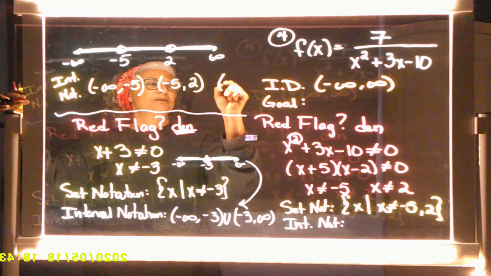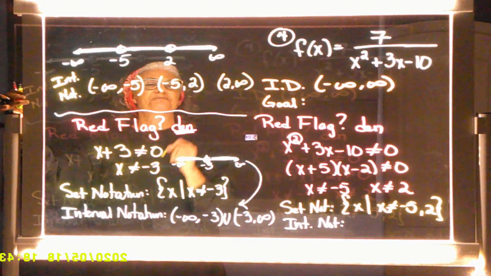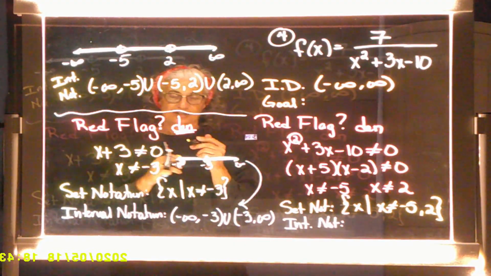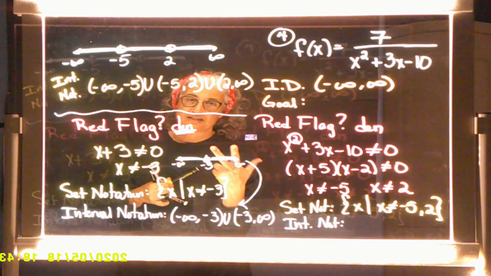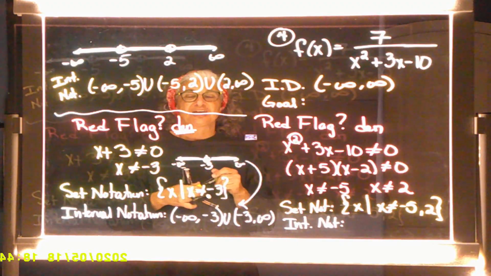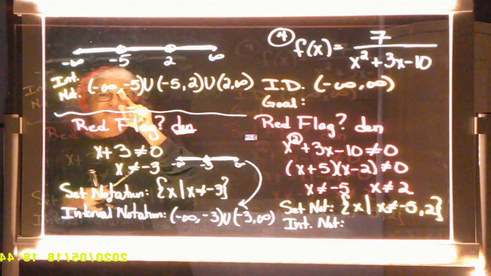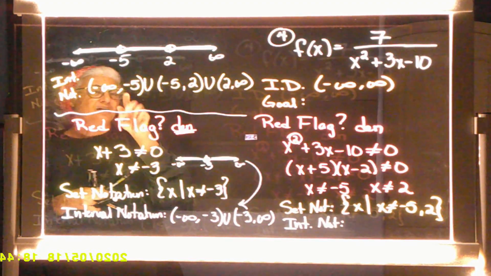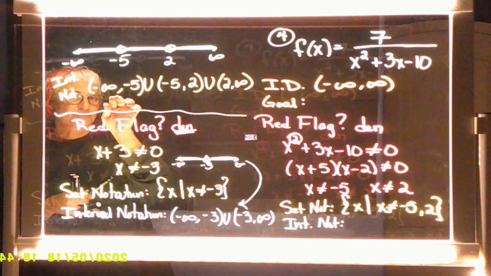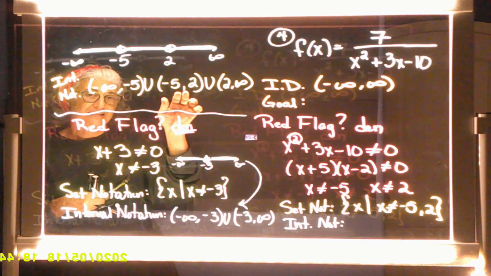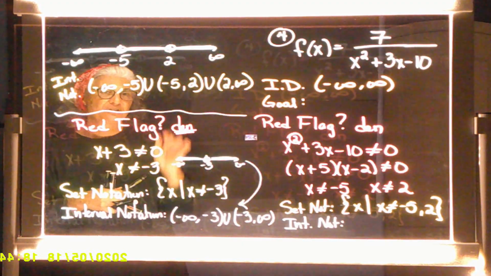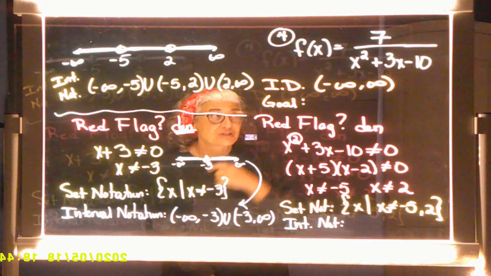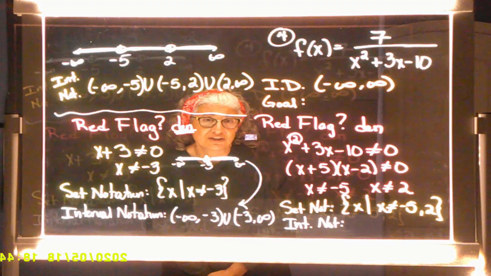And then again it picks up at 2 and goes to infinity. And yes, we have to put the union in between because that keeps these three things all together in one sentence. So my x's are in this interval or, remember the union means or, this second interval or that third interval. Those would be the x's I would be allowed to use for that particular function.